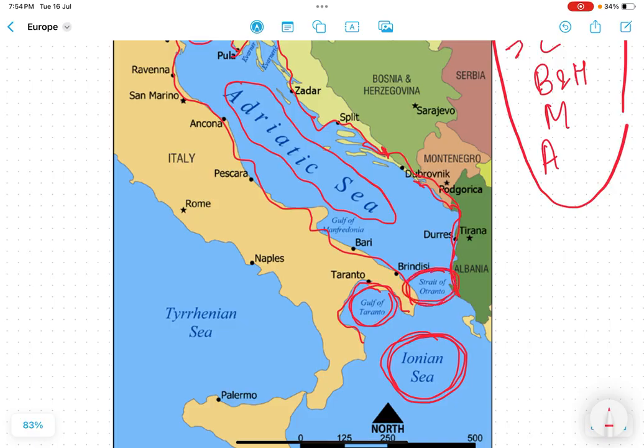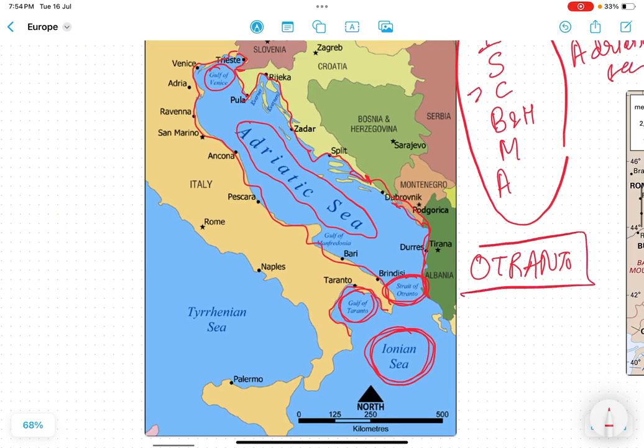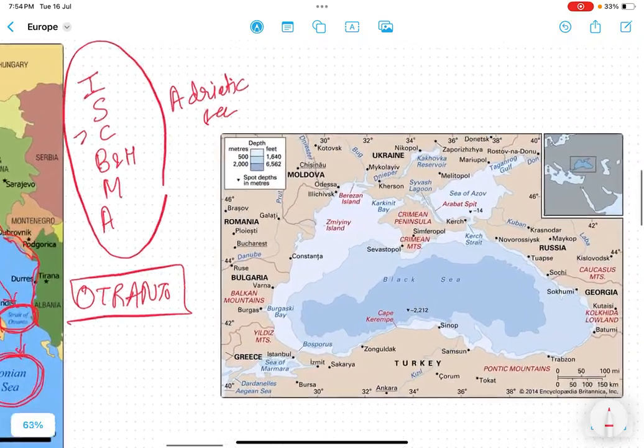Strait of Otranto is what connects Adriatic Sea to Ionian Sea. Should remember that. Strait of Otranto.